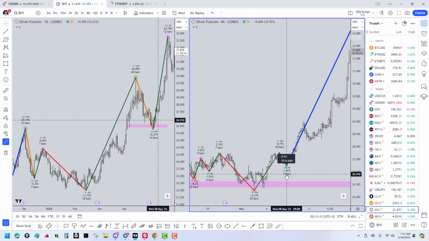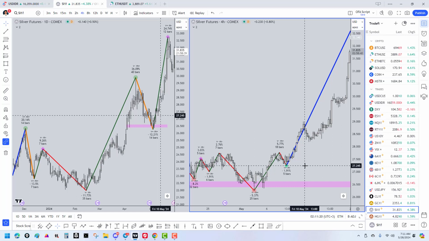Whenever we have these rules in place, we capitalize on this pattern as I am now explaining to you.